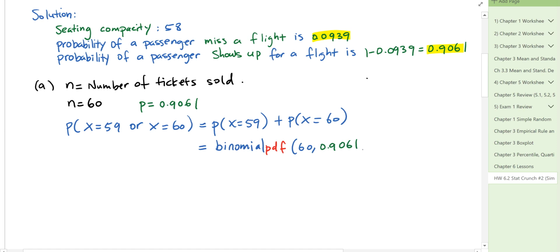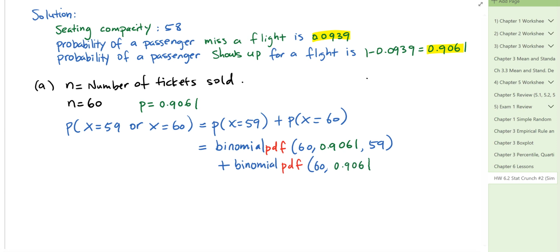We want to find the probability that exactly 59 show up, that would be the first one, plus the probability of exactly 60. So that's binomial PDF with n equal to 60, probability of show up 0.9061, and x equal to 60.